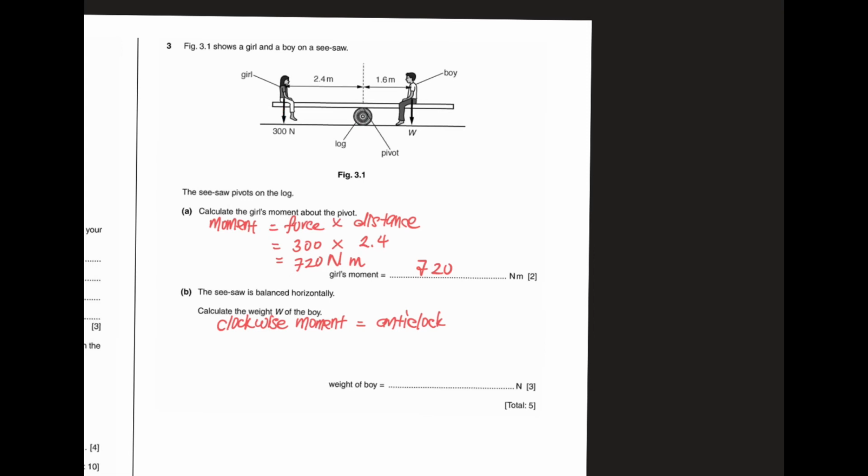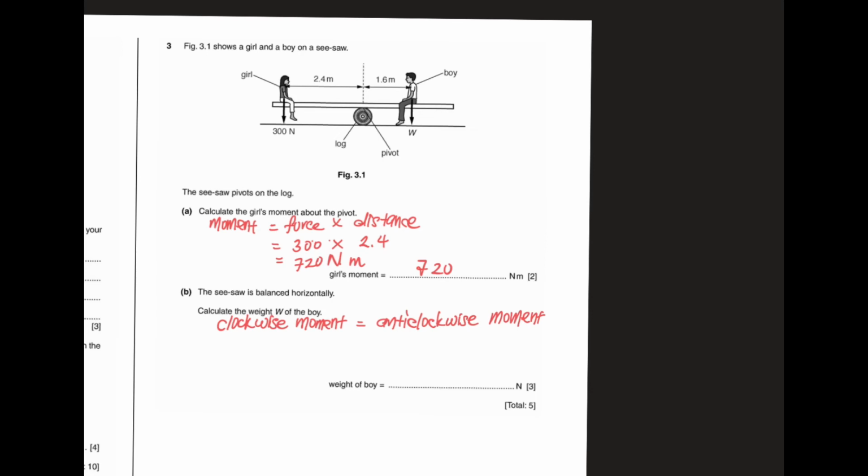Horizontal, isn't it straight like the y-axis? It's like the x-axis actually. Oh, okay. Yeah, horizontal will be like this. So that means there is no net moment. So clockwise moment equals anti-clockwise moment. So it's equilibrium.